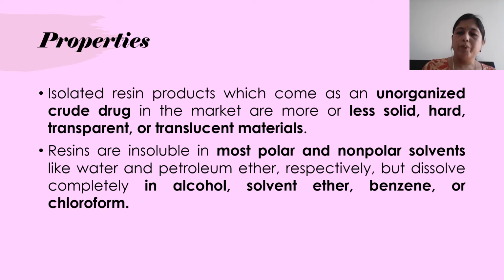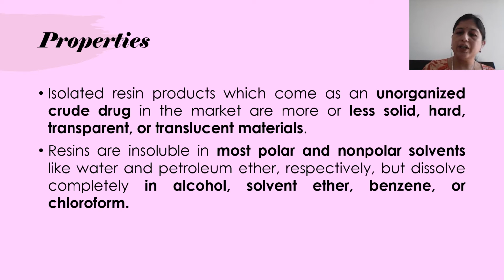Now, the properties of resins. The isolated resin products are generally unorganized drugs. As you all know, unorganized drugs means acellular drugs, those which do not have any cellular structure present in them. They are generally sold in the market as a solid, hard, transparent or translucent material.